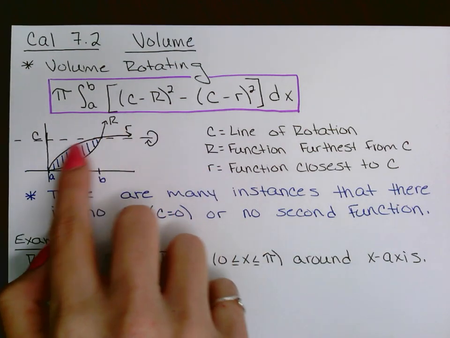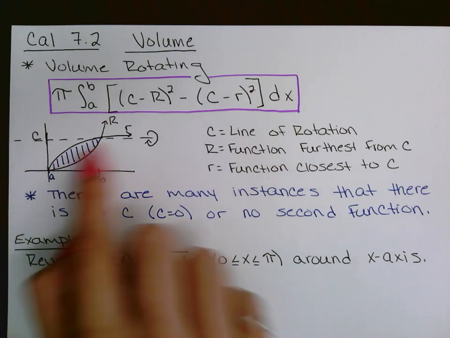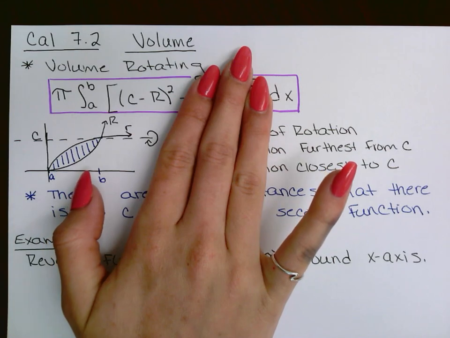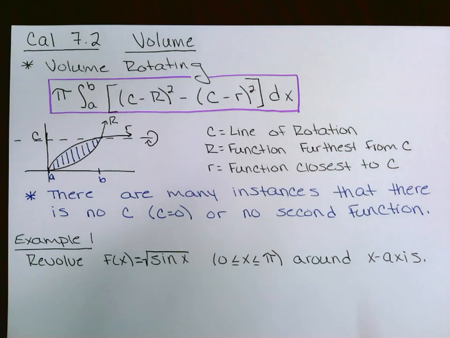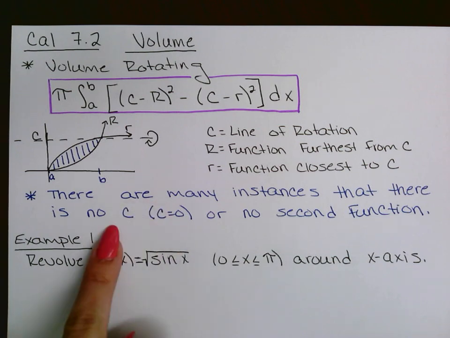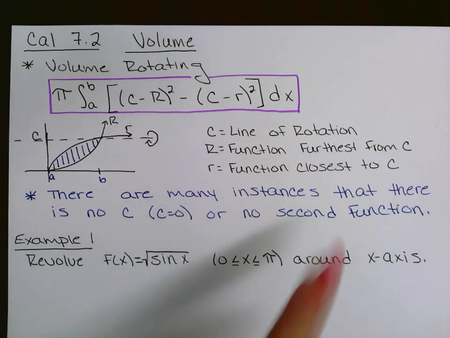If I eliminate one of those functions, then I'm only working with one function, so this entire side gets eliminated from the equation. Okay? So again, don't be afraid if there's instances where C is 0 and then that's not in the question or in the formula, or there's not a second function, okay?